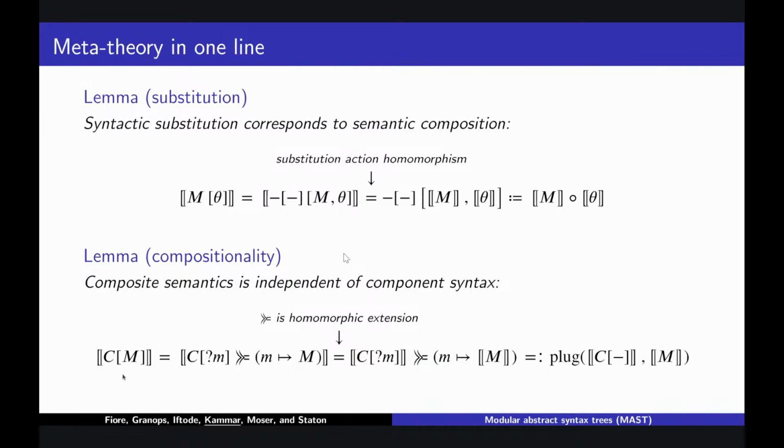So the semantics of a composite term depends only on the semantics of its parts. This is the thing we want to prove. This is a bit more sleight of hand, but not too much.